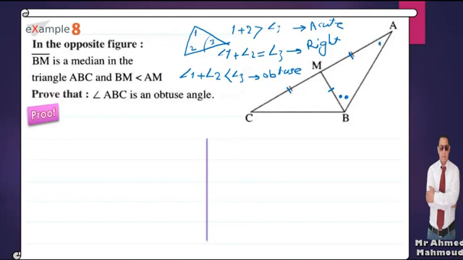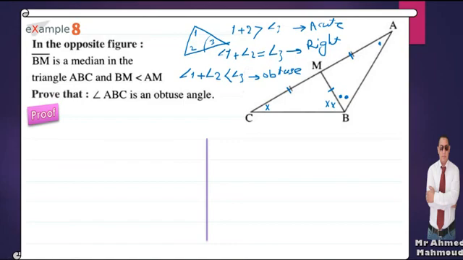In triangle MBC, since CM is a big side, MB is a small side, then angle B is a big angle, angle C is a small angle. Then by comparing, angle ABC is a sum of big plus big. By adding, therefore, angle B is greater than A plus C, then angle B is an obtuse angle.